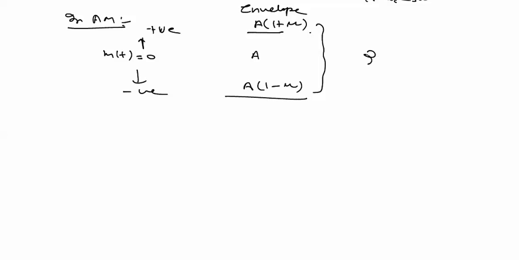This is the amount of variation, twice A mu.